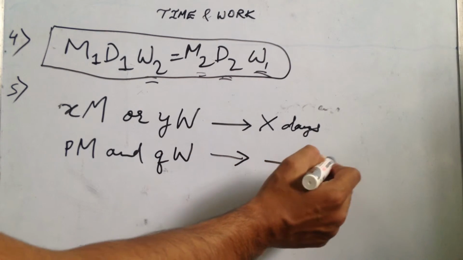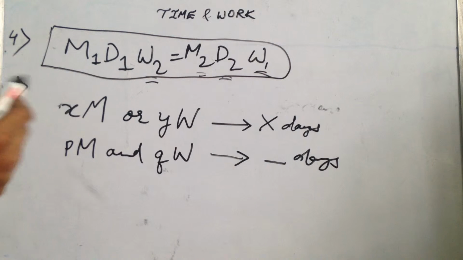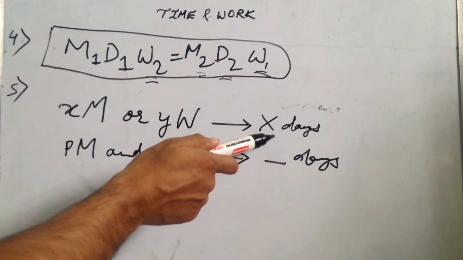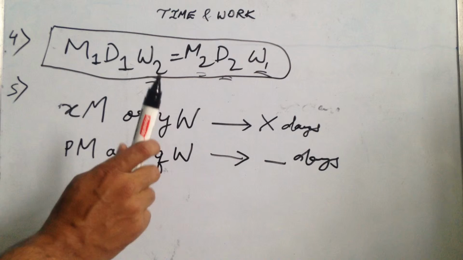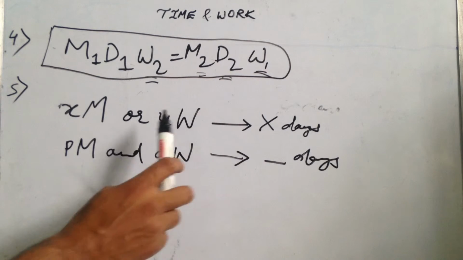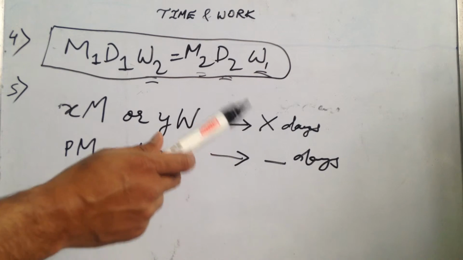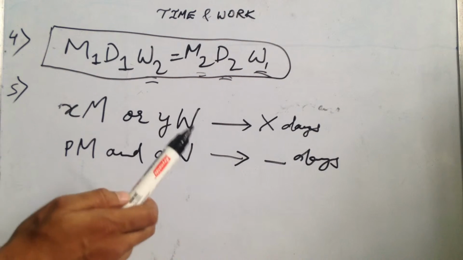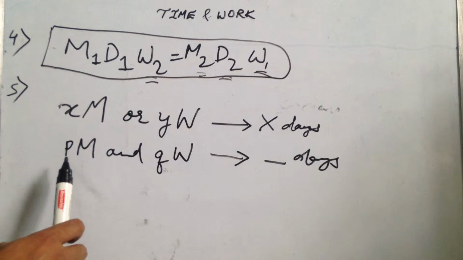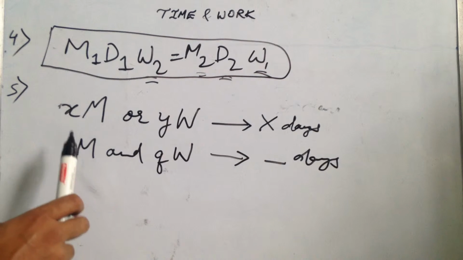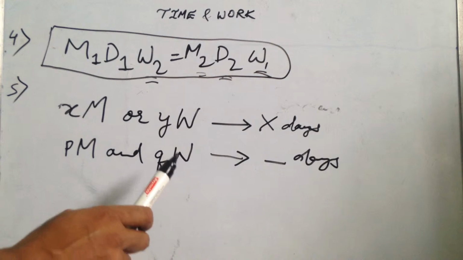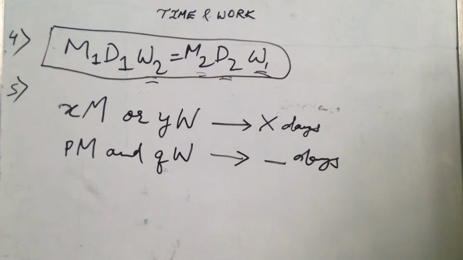So what I am trying to say here is, suppose in the question it is given that X number of men can finish a job in X days, or Y number of women can finish a job in X days, then you have to calculate the number of days taken by P number of men working together with Q number of women to finish this job.